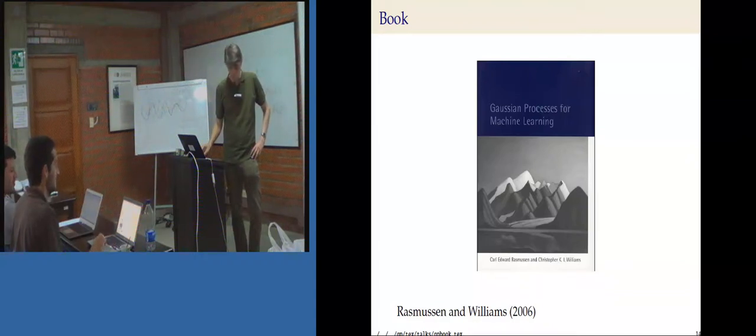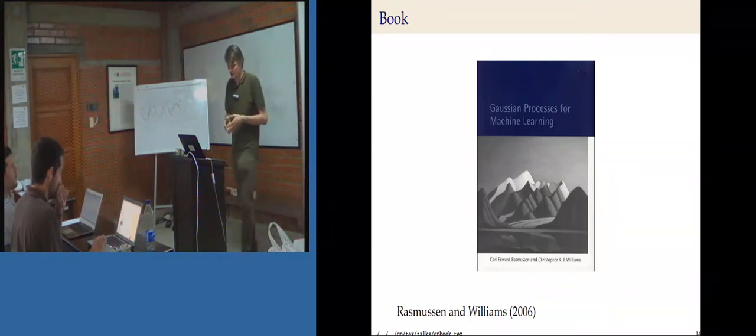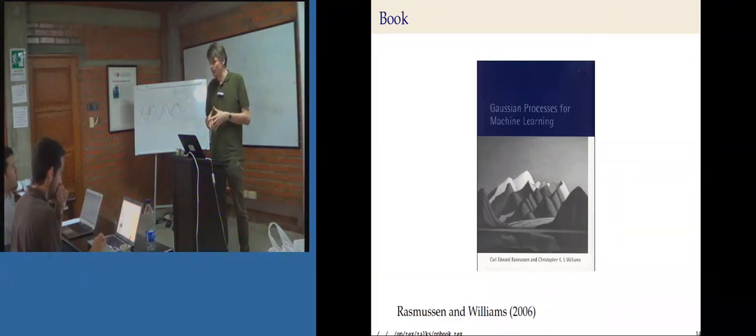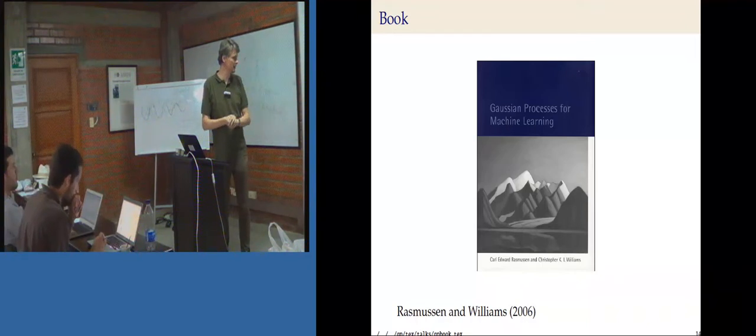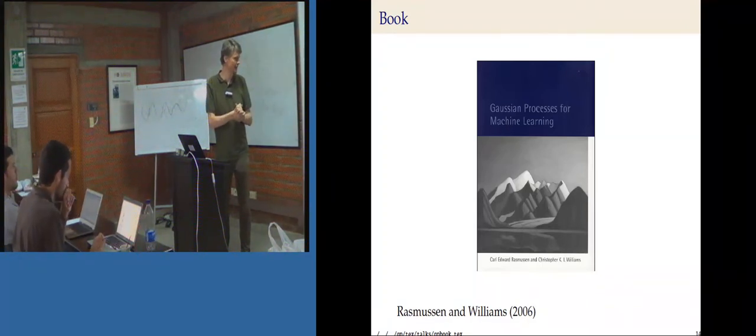So, what we've got now is a picture of what we would think of as the Bible of Gaussian process modeling. It's now 8 years old, which I find amazing because I was sort of in the community when it was written, and we were organizing workshops around that time.